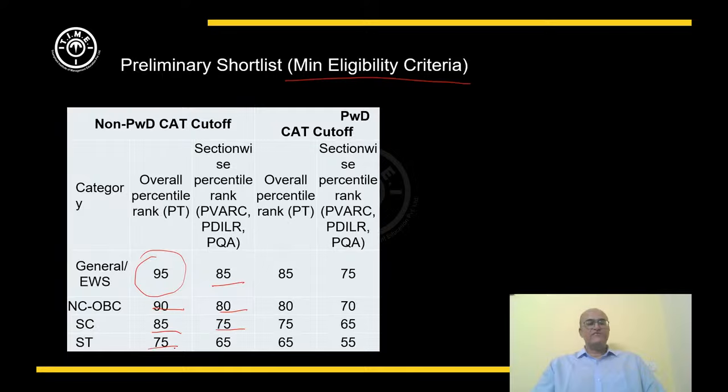ST will be 75 overall and 65 sectionals. When it comes to differently abled category, for general EWS differently abled candidates, 85 and 75 would be the required percentiles overall and sectionals respectively. NC-OBC differently abled people, these will be the cutoffs. SC and finally ST differently abled candidates. So these are the minimum required CAT percentiles.